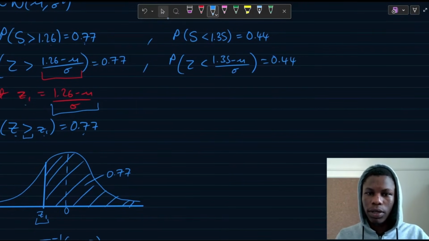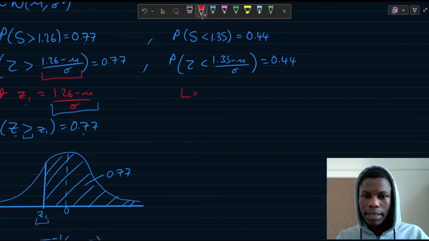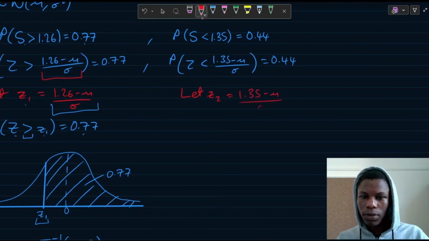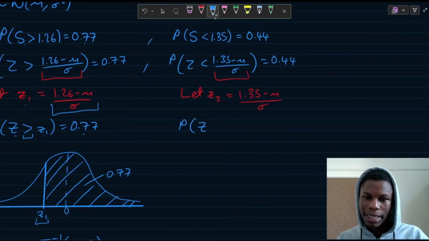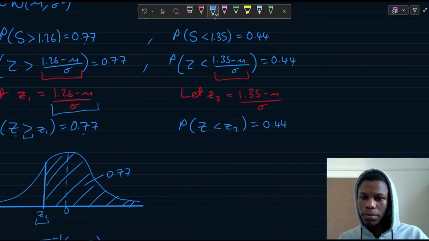So we are going to say let Z2 equal 1.35 minus mu over sigma, so this part here. And so that becomes the probability that Z is less than Z2 is equal to 0.44.